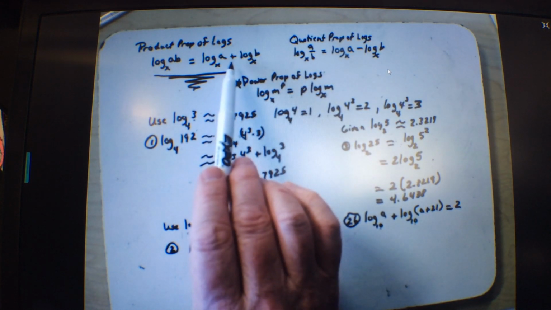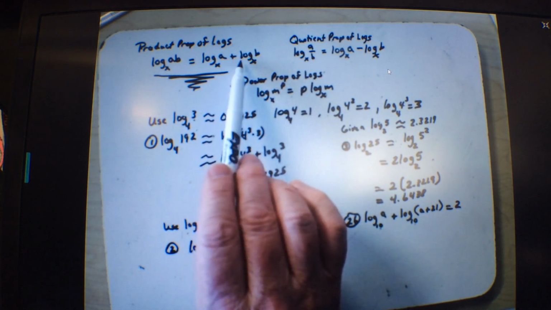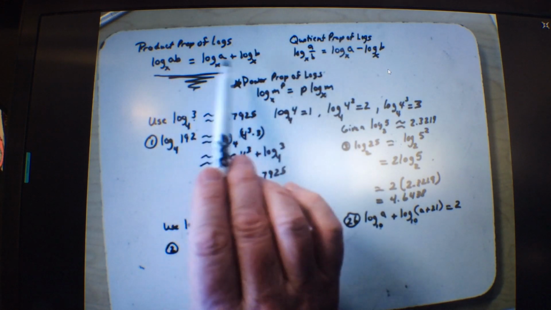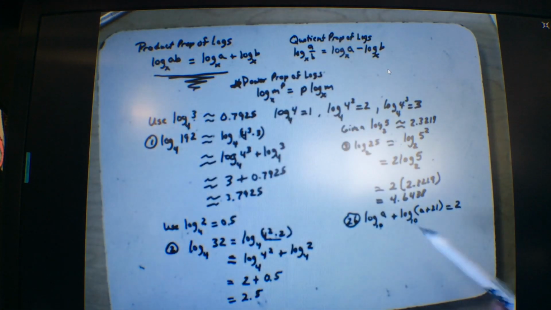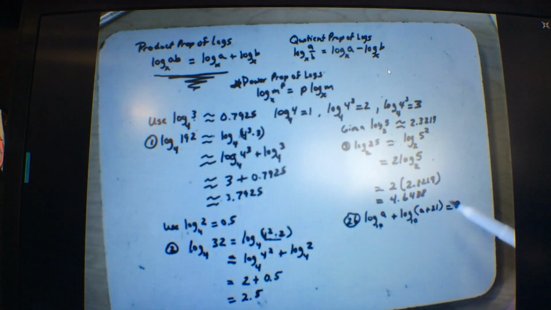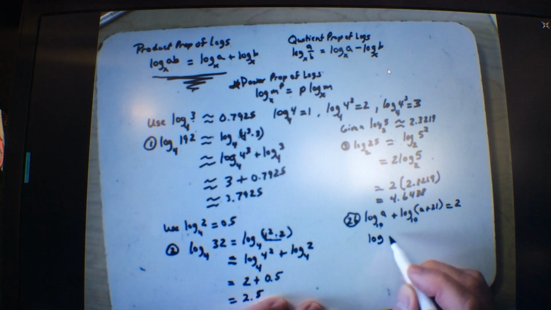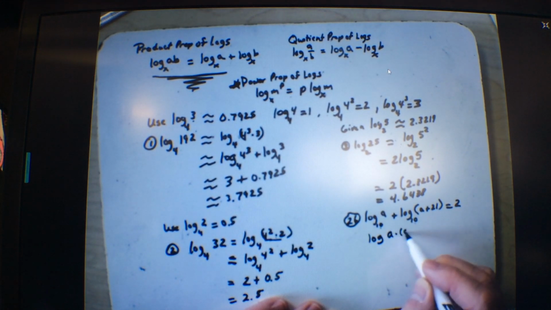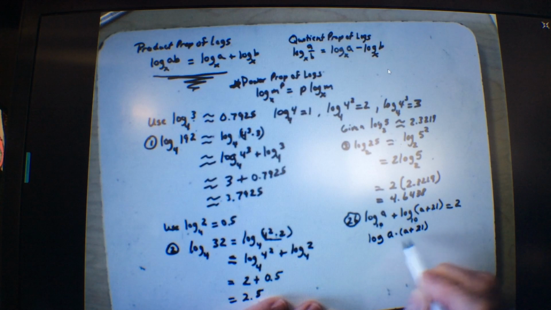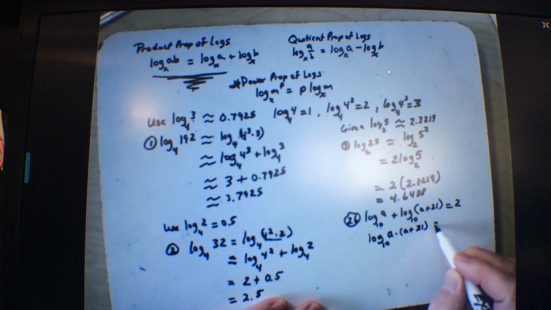Now we're going to go from here to here. This is what we call expanded form. This is condensed form. How do I go from here to here? Well, A is A in this case, and B is A plus 21, right? So I'm going to put them back together. I'm going to say the log of A times A plus 21 base 10 equals 2.